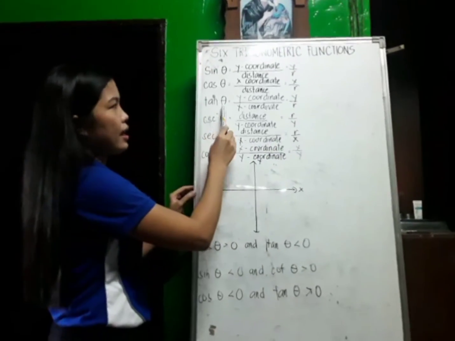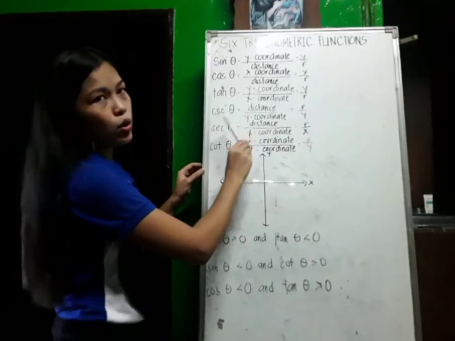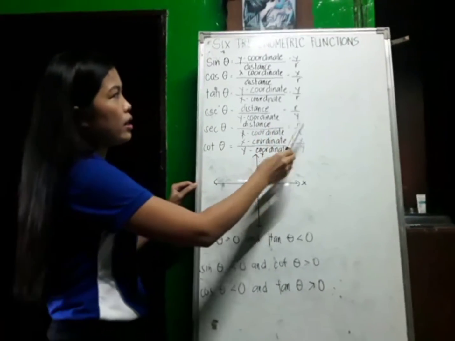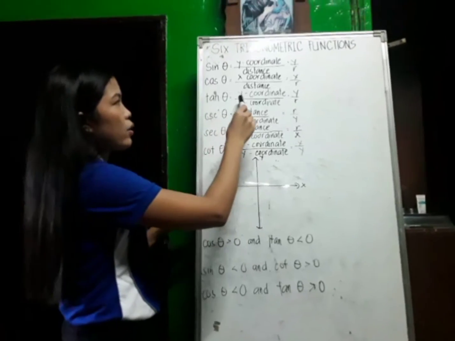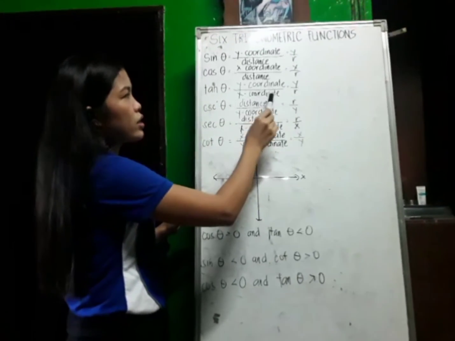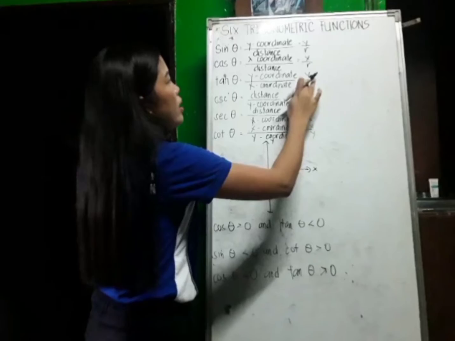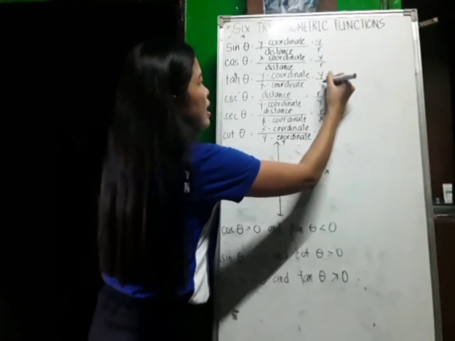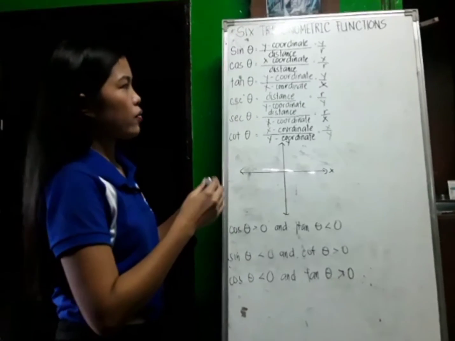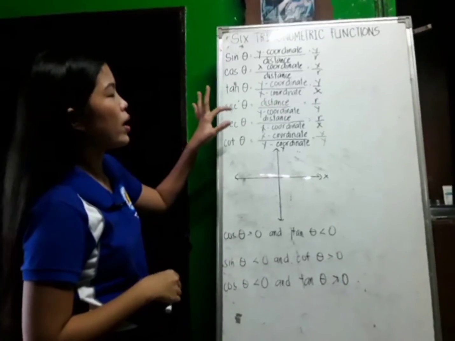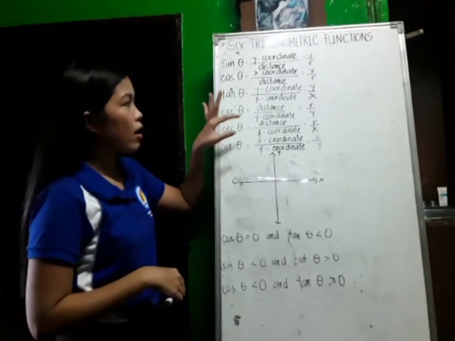The tangent theta is equal to the y coordinate over the x coordinate, or y over x. Then the cosecant theta is equal to the distance over the y coordinate, or r over y.